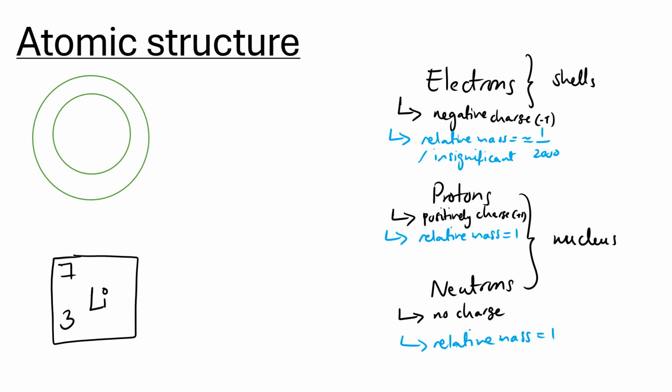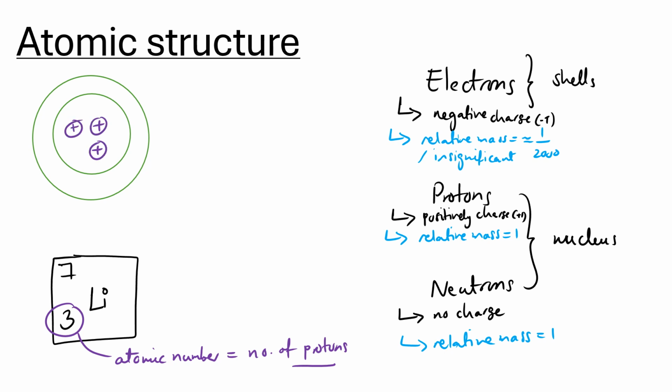Now we're dealing with lithium here, and the 3 represents the atomic number. The atomic number represents how many protons are found in this element here, in this atom of lithium. Now the 3, being its atomic number, represents 3 protons. So I'm going to write and draw 3 plus signs.